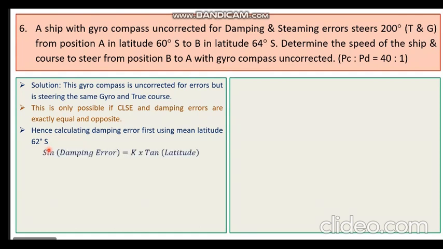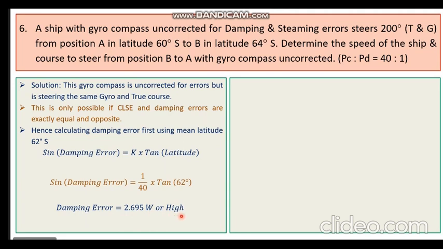So using this in the damping error formula, sine of damping error is equal to K tan latitude. K is equal to 1 by 40. It is given in the question. Tangent of latitude, which is 62 degrees, gives us the damping error as 2.695 degrees. Now, since the vessel is in the southern hemisphere, the latitude is south, the error will always be west or high.